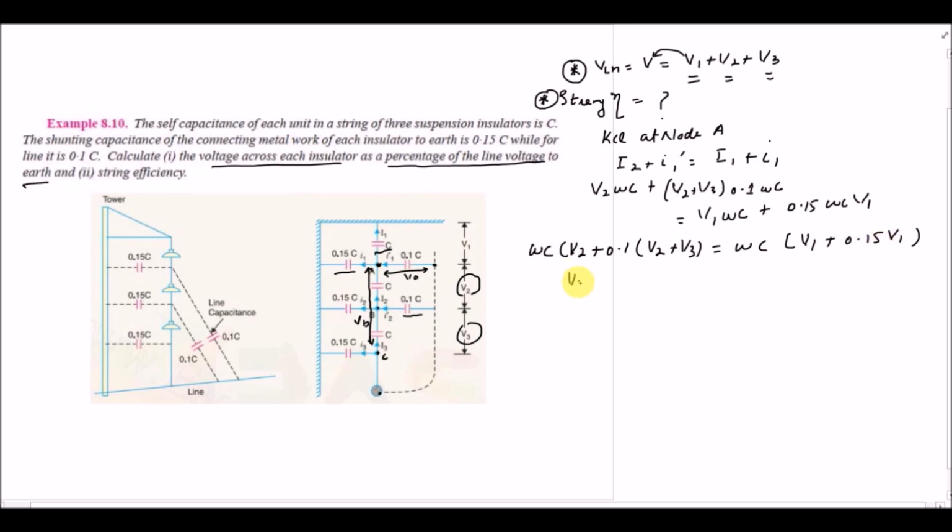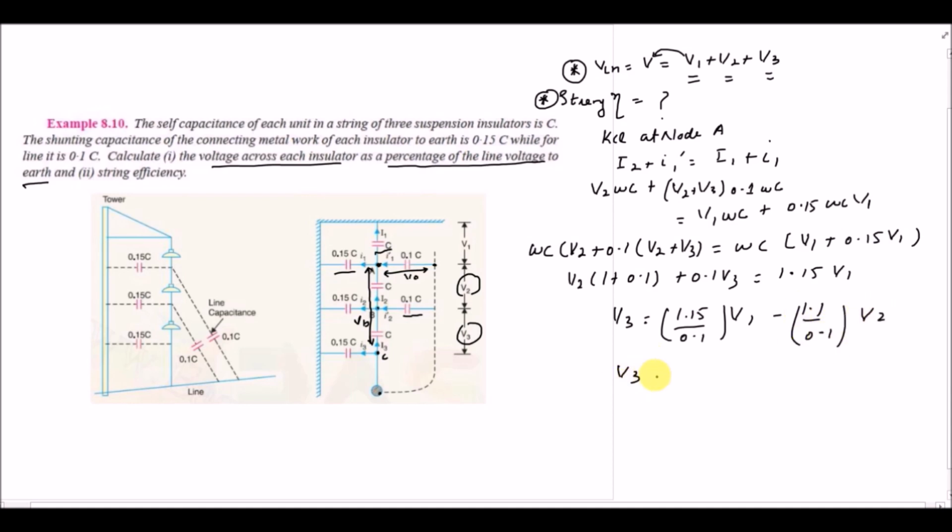So V2 into 1 plus 0.1 plus 0.1 V3 equals 1.15 V1. So V3 value will be 1.15 over 0.1 into V1 minus 1.1 over 0.1 into V2. And after solving, it will become 11.5 V1 minus 11 V2. So this is your equation A.